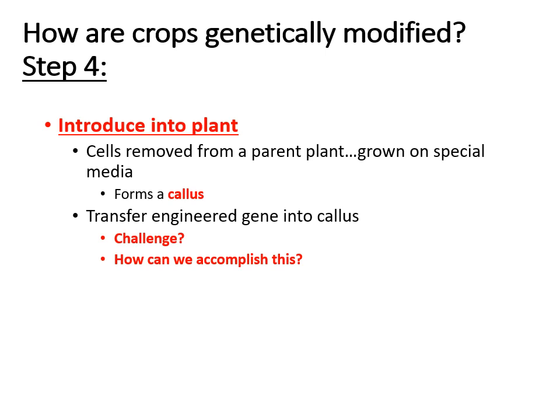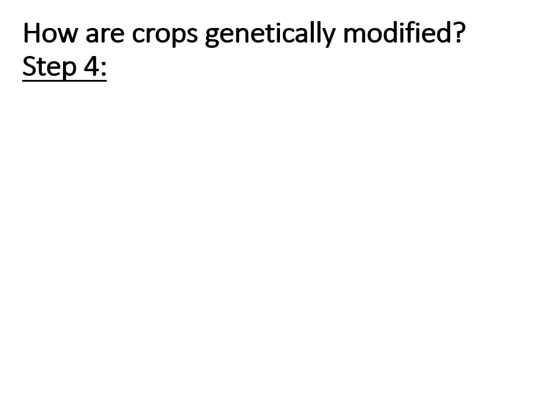So it's going to be tough to just get whatever you want into those cells. So you need special ways to get your engineered gene into those undifferentiated plant cells, into that callus. And so now we're going to look at 3 ways that they do this.